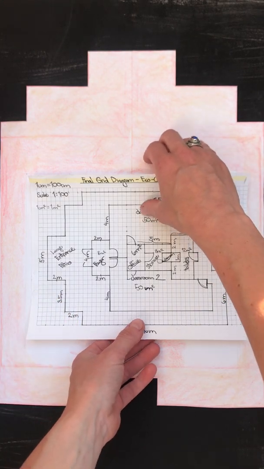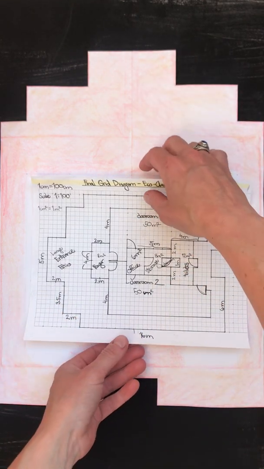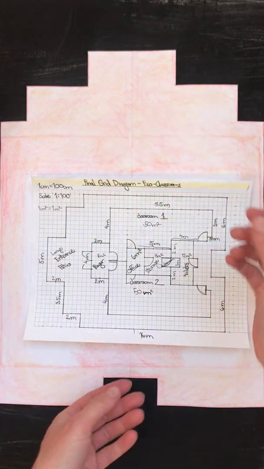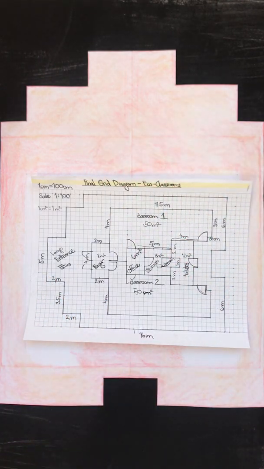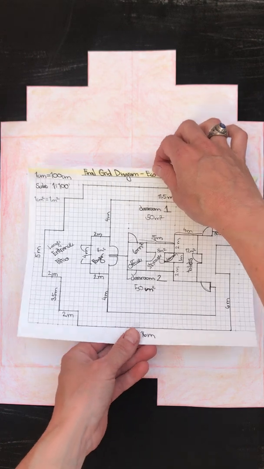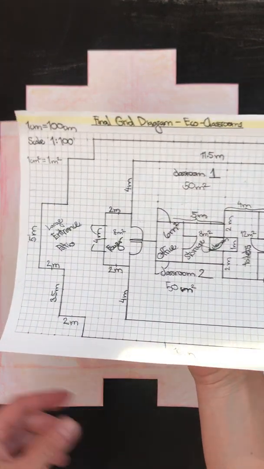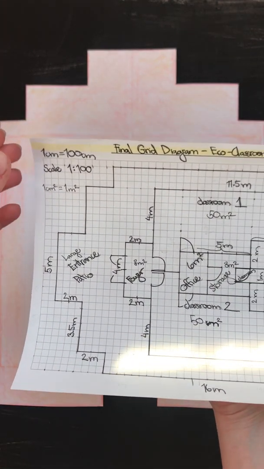Now, before I demonstrate to you what I would like you to do at home, I need to tell you that we need to change the scale factor, okay? And this is important to slow down on and think about.